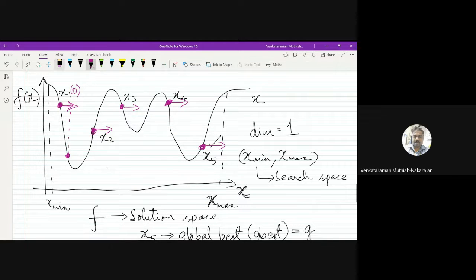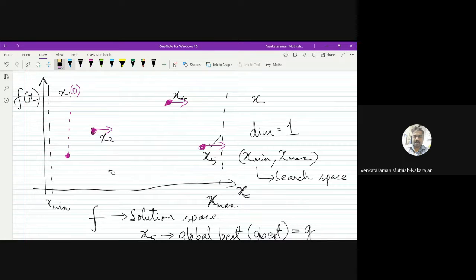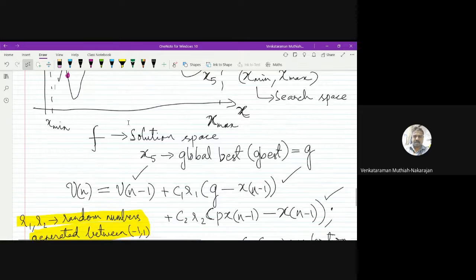But if all the points were initialized in some other location, say like this, let us say we have a function like this, moving from left to right may be better for this point and maybe this point, but not for other points. It is not always the best option.